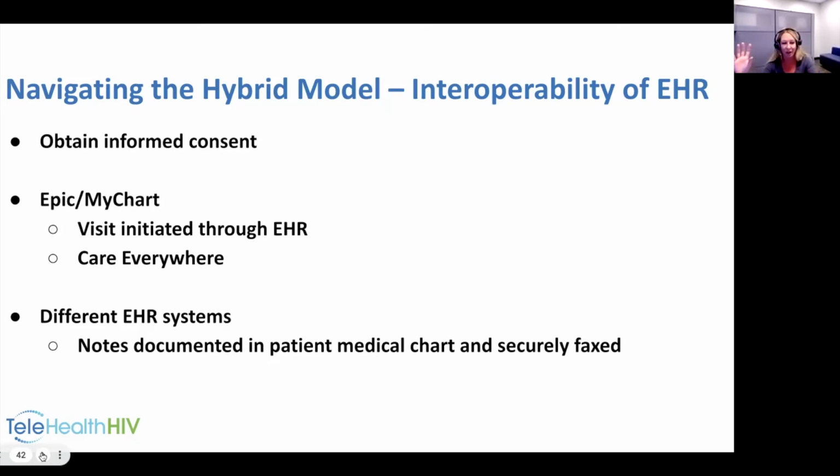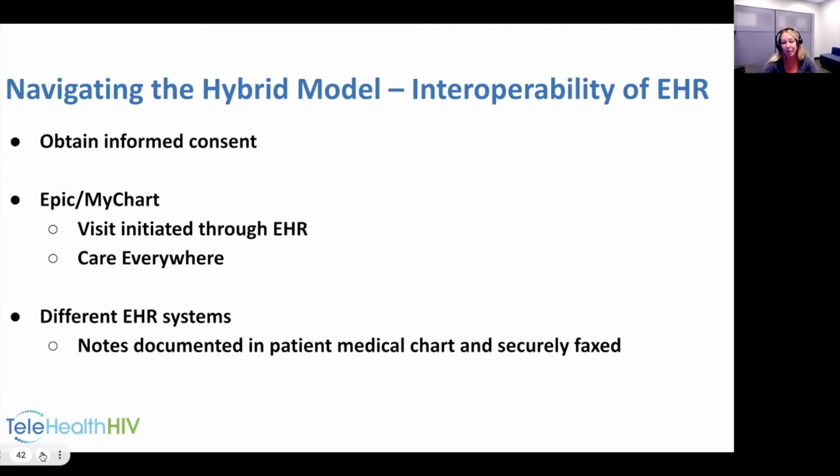We can, if we need to, fax them a form securely, they sign that they are able to engage in Care Everywhere. And so if they were hospitalized, or we had further questions about additional follow-up that they've had, this will all go into that EHR so that we're able to see that. So that's still something that we're able to navigate.